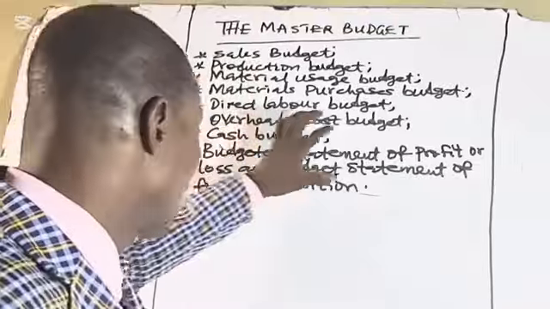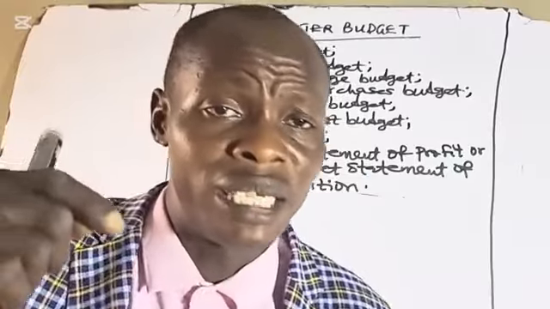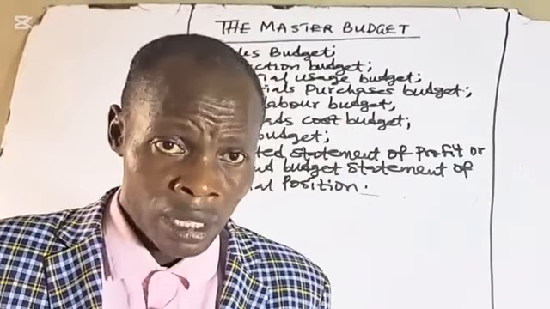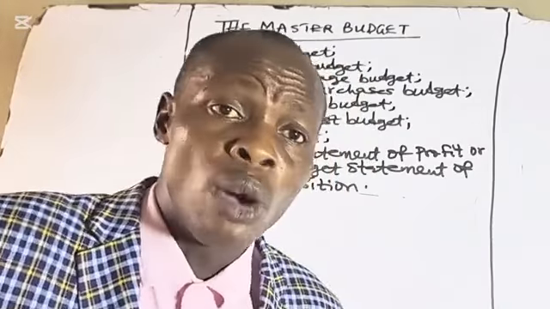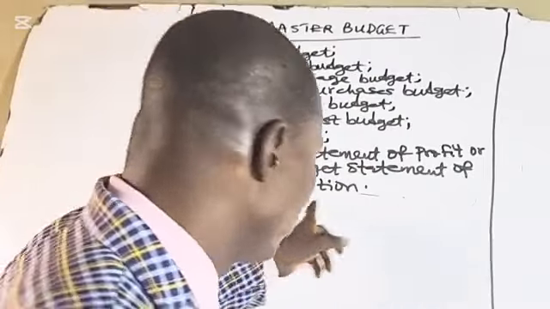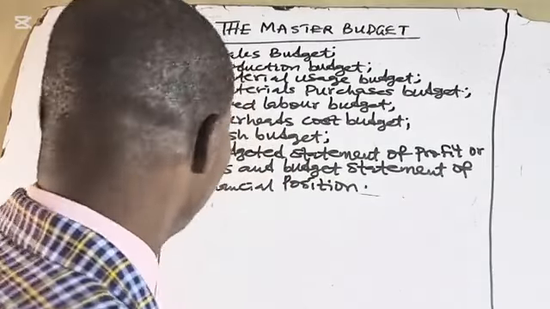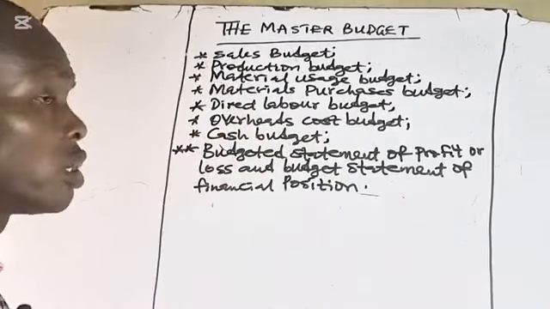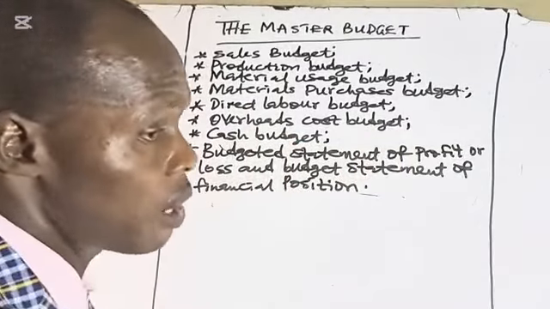So under accrual basis, you recognize revenue when it is earned, and you equally recognize expenditure when it is incurred, not when cash is received or paid. So accrual basis is used for the budgeted statement of profit or loss.